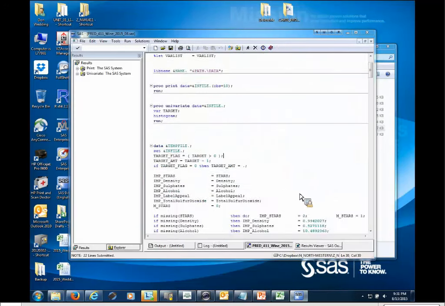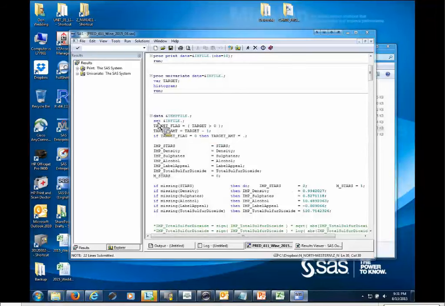So I'm going to approach this a couple of different ways. One is I have target, which is just the raw number of how many bottles of wine was bought. Then I'm going to create 2 new variables in case I want to do a hurdle model.